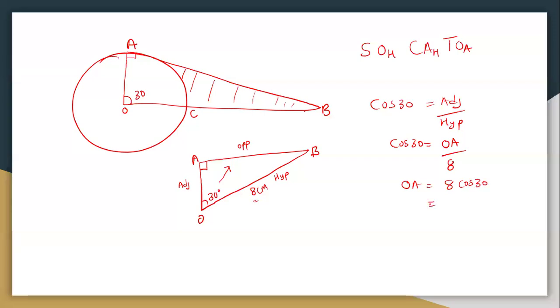So I ask myself, this is 8 times what is cos of 30? When you place cos of 30, you'll end up with 0.866. And therefore 8 times 0.866, you can even add on more digits, 0.8660254.